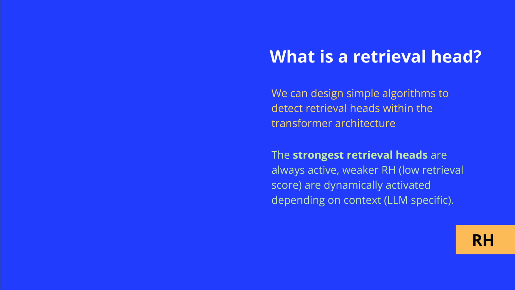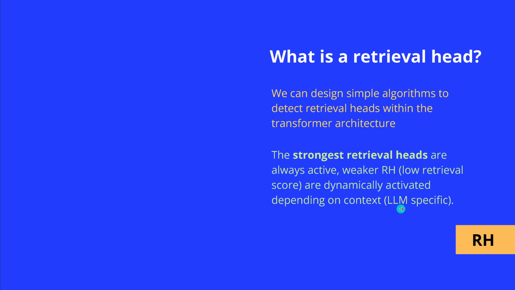What they found is that depending on the LLM and the architecture, there are strong retrieval heads that are always active, independent of the specific content that will be retrieved. Physics, mathematics, cooking, whatever. Plus, we have weaker retrieval heads with a low calculated retrieval score, and they are dynamically activated within our LLM depending on the specific content.